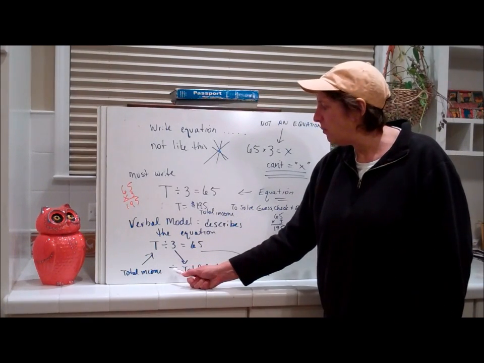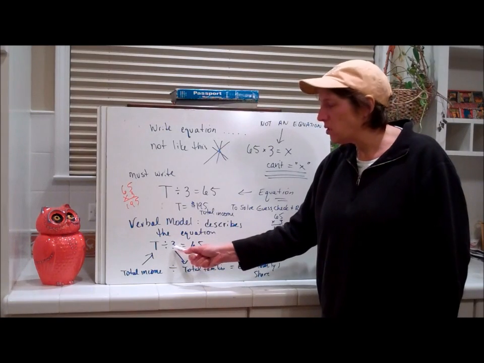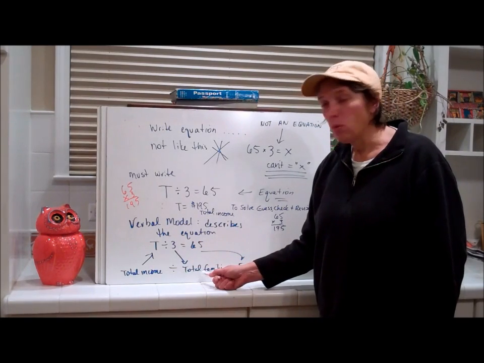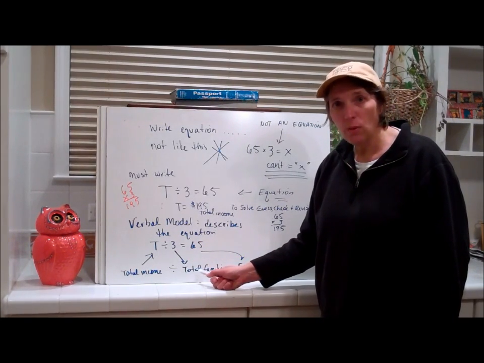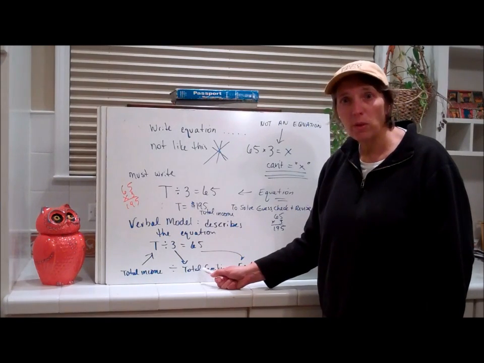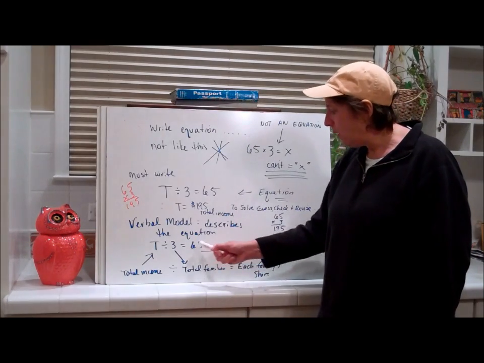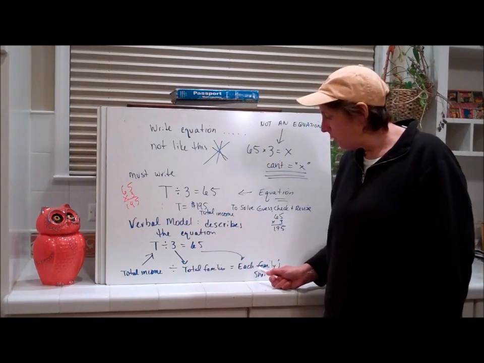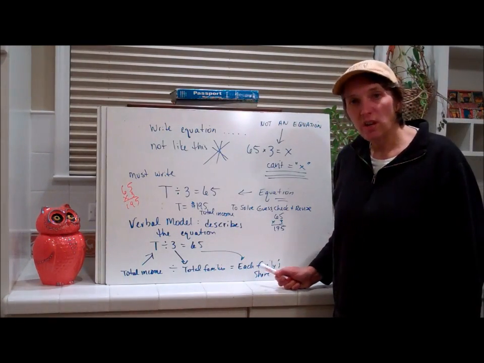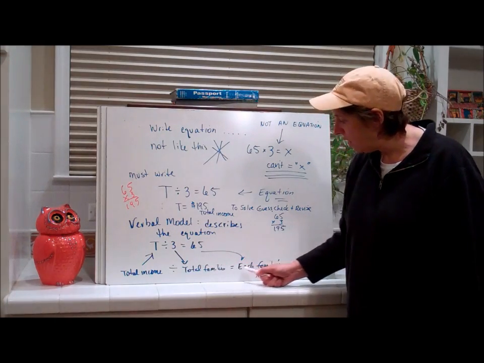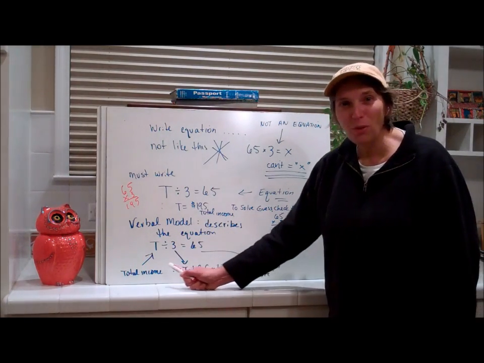Total income divided by, well, what was 3 representing? Total families. I don't need to write 3, I write total families, or 3 families, or the families, and then I write equals, and what does 65 represent? Each family's share. That is a verbal model, not a verbal description.